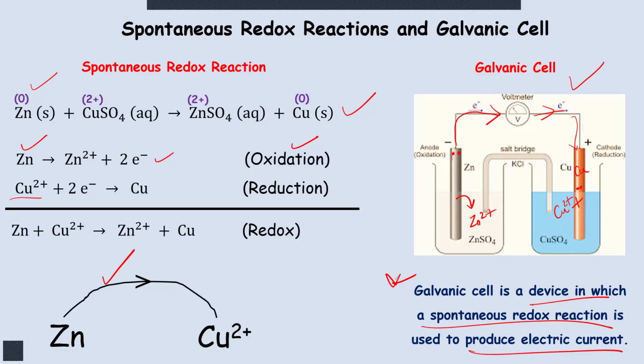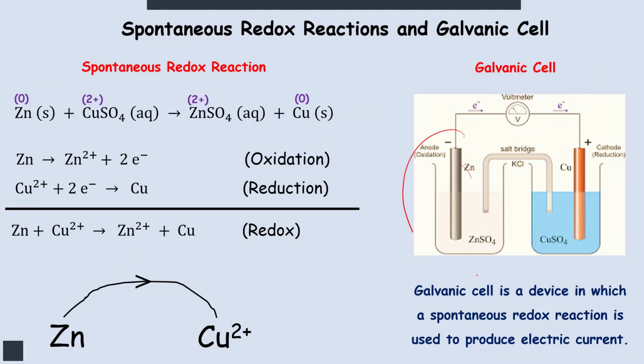So here in the galvanic cell, in this part, oxidation is taking place. Zinc atoms in the zinc rod lose 2 electrons and go into the solution as zinc 2 plus ions.